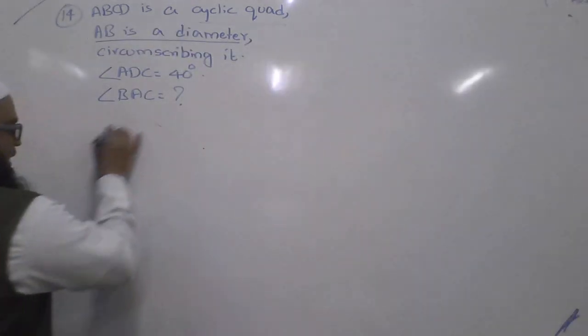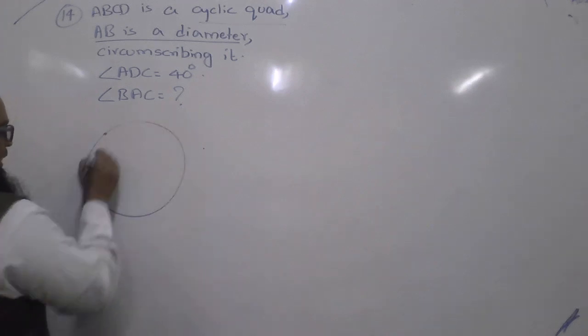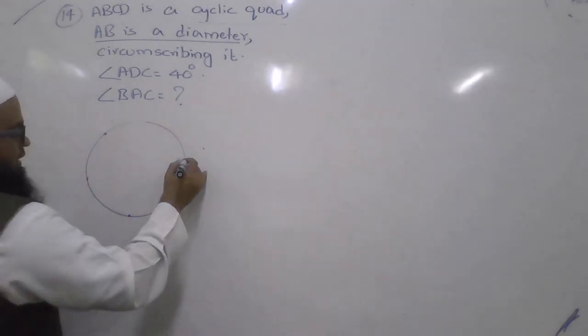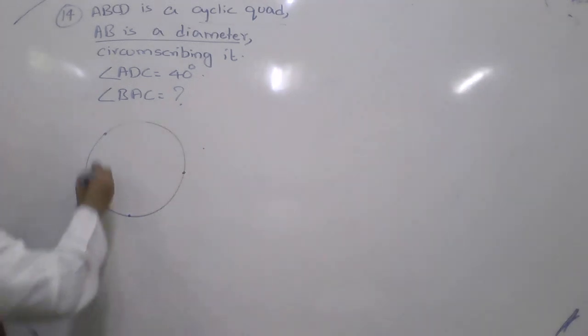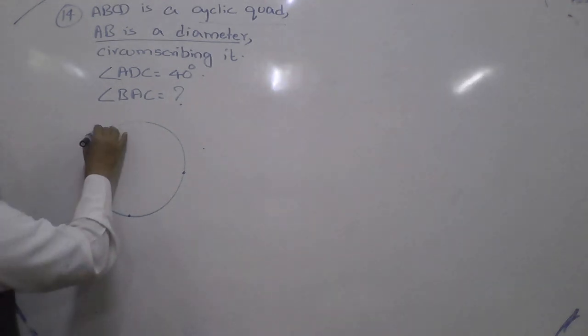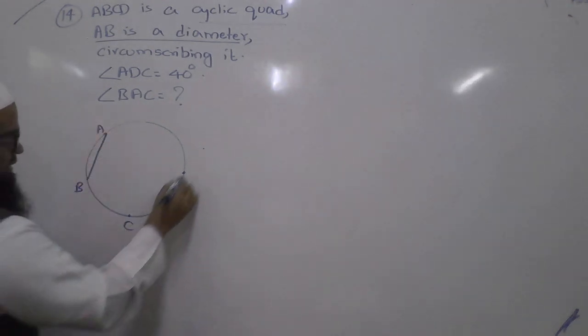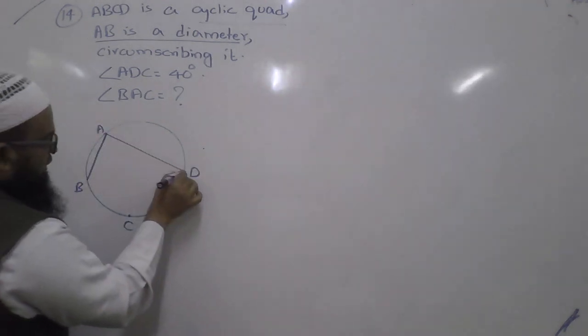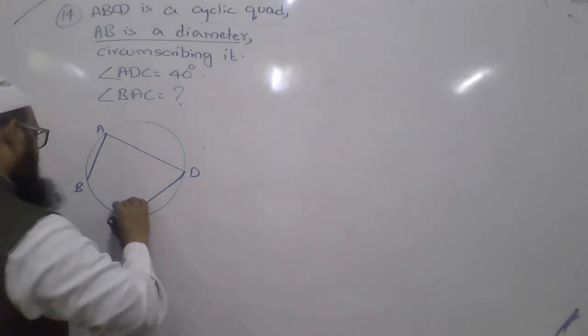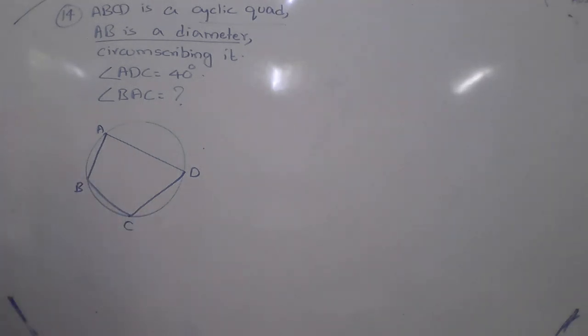Let me draw one first. A, B, C and D. If I join all the four points, it will be like this. This is called a cyclic quadrilateral.